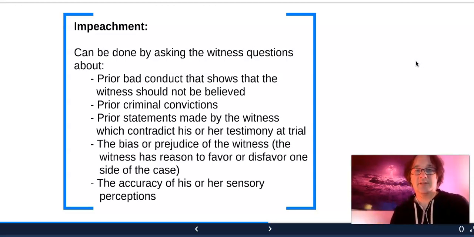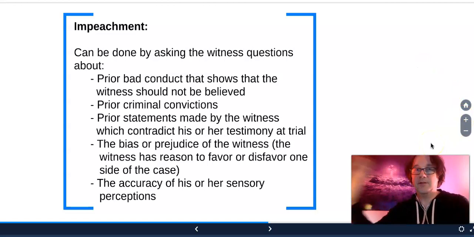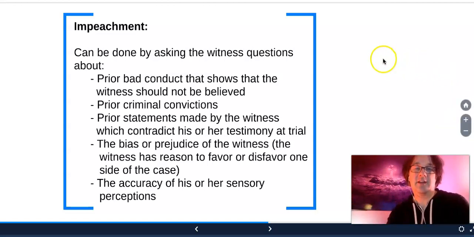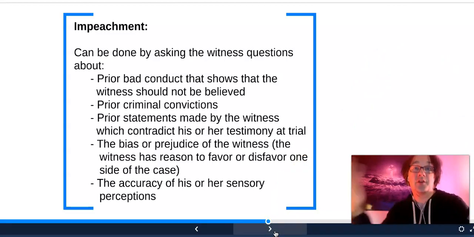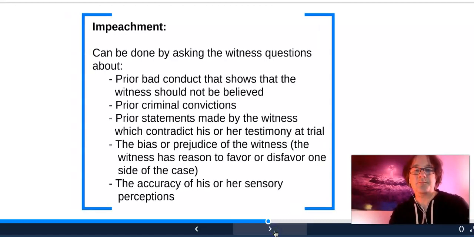In some cases, it's because of a person's eyesight. In other cases, it's because of all the obstructions that would have been in the way between this person and the event that they are claiming to have seen.